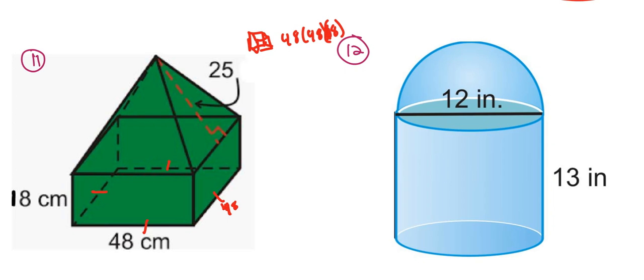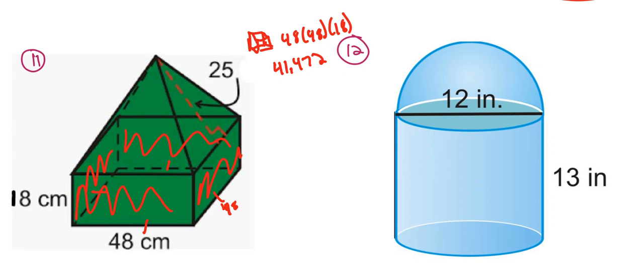And when I do that, 48 times 48 times 18, I get 41,472. Okay. So that's just for this bottom part, the prism.